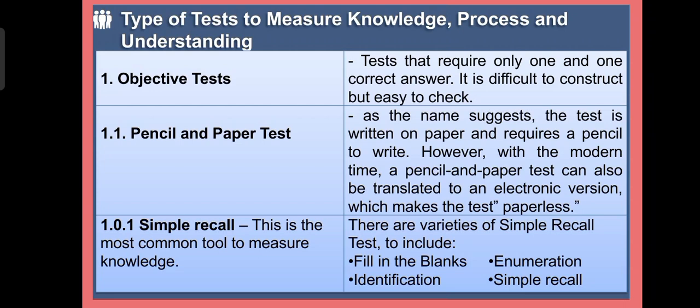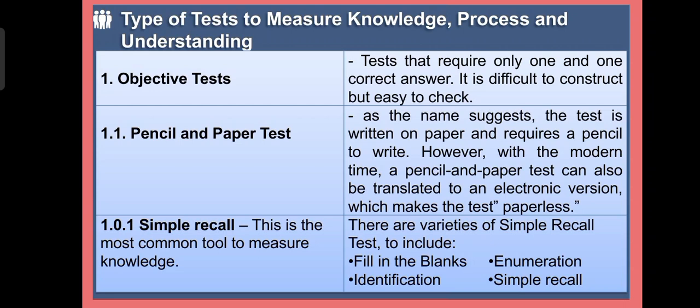An example of an objective test is a pencil and paper test, where the questions are written on paper and answered using a pencil. However, with modern technology, this type of test can also be done electronically, making it paperless.